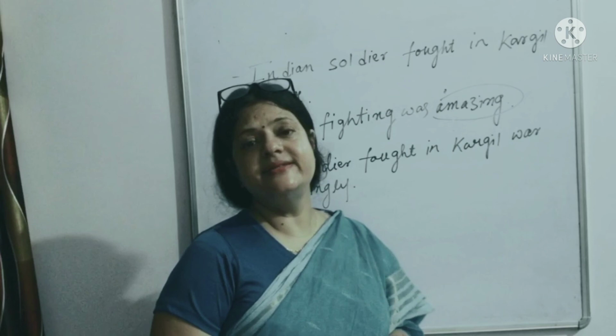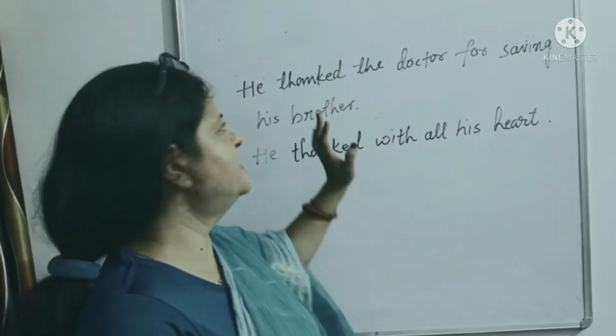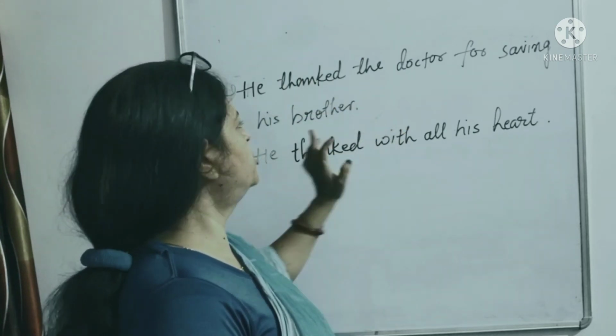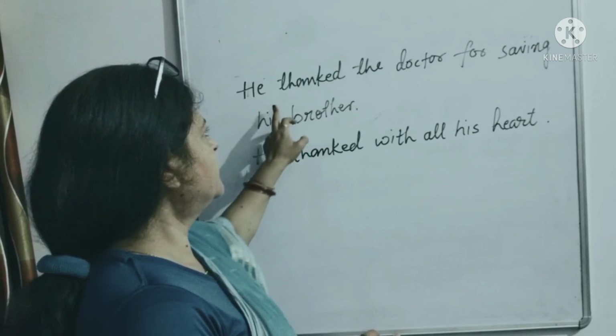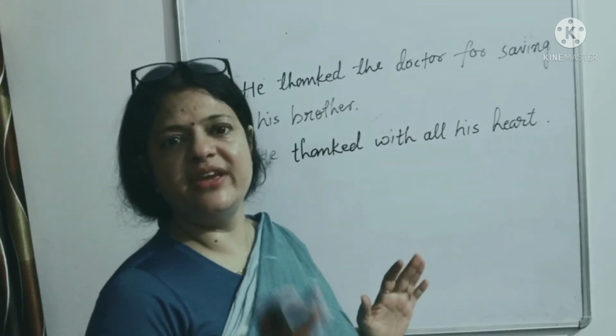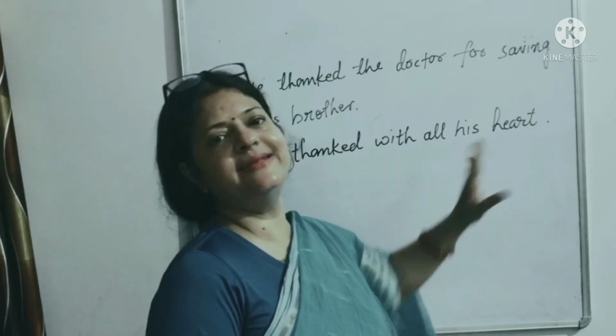Now let's see another example. In this example, we see two written sentences. He thanked the doctor for saving his brother. That's the first sentence. And the second sentence: he thanked with all his heart.